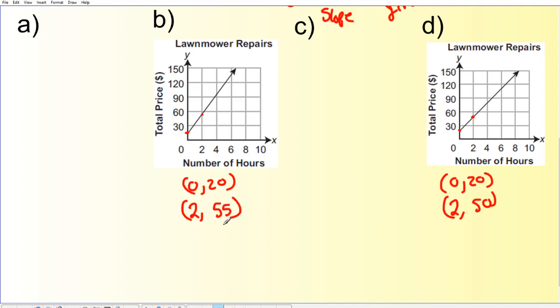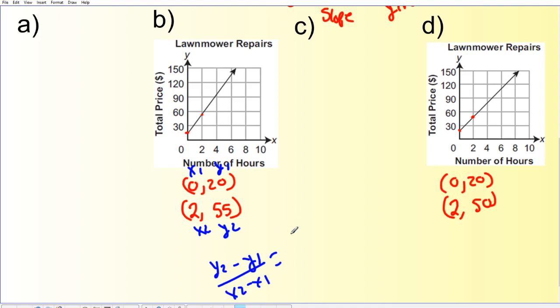So let's see here. If I find the slope here, y2 minus... Oh, wait, what am I doing? This is my x1, y1, x2, y2. So my formula is y2 minus y1 over x2 minus x1.